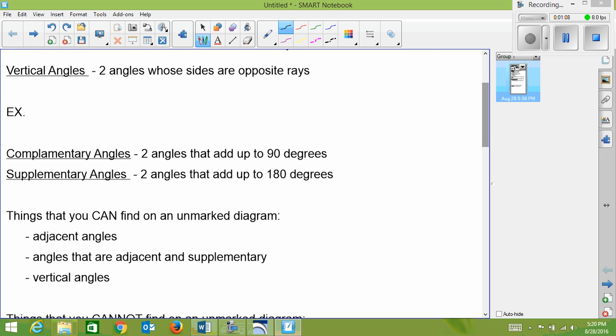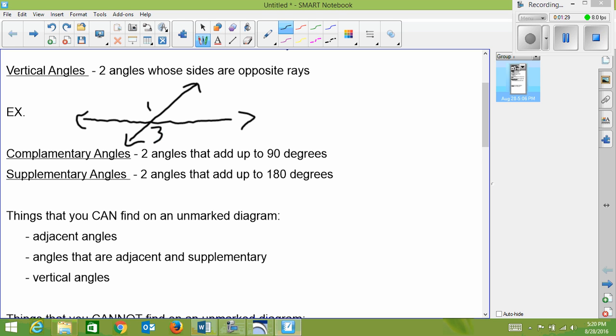Vertical angles, two angles whose sides are opposite rays. So these are two lines here. We could consider angle 1 and angle 3 vertical angles. Two angles whose sides are opposite rays.